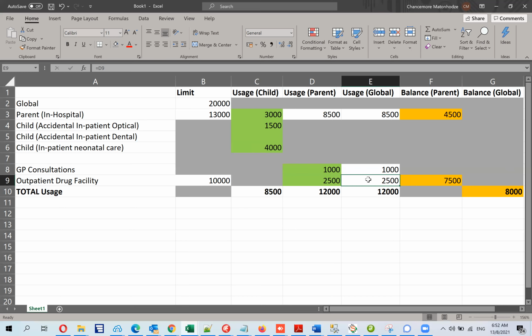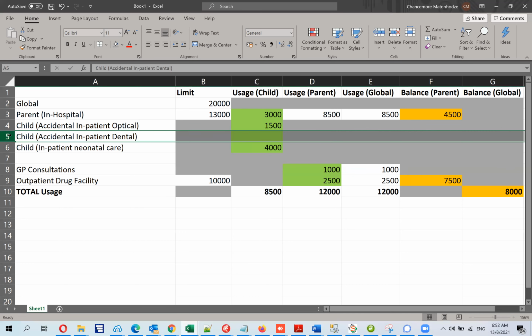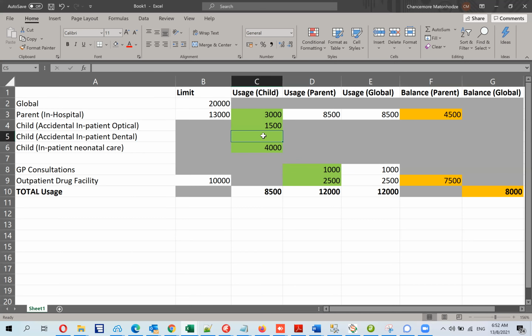So let's suppose something happened to their teeth in that accident. So something is needed as well, and it's under this accidental inpatient dental, and they're still admitted. So this knocks off 2,500.